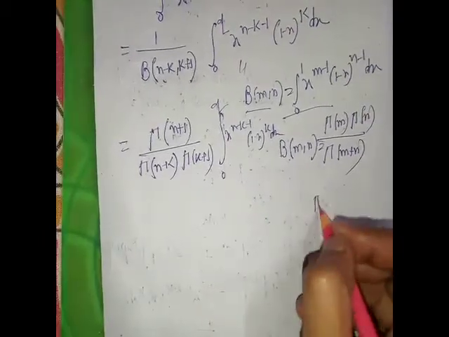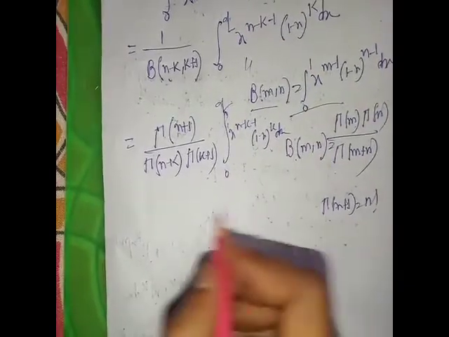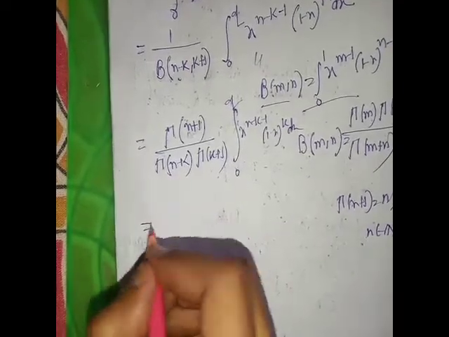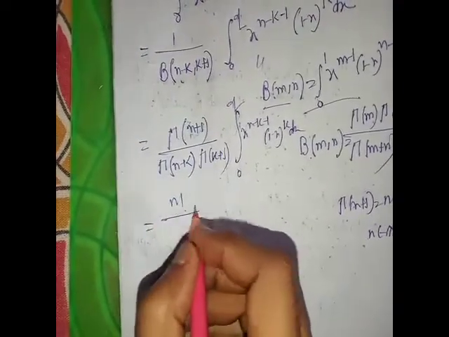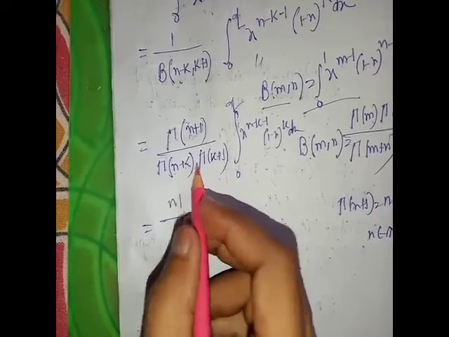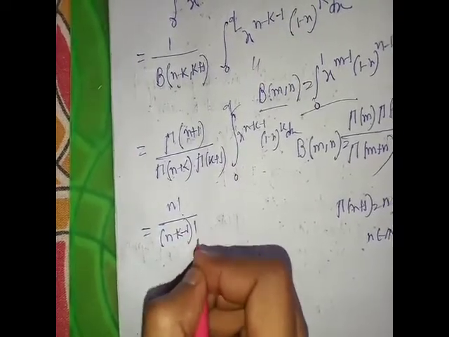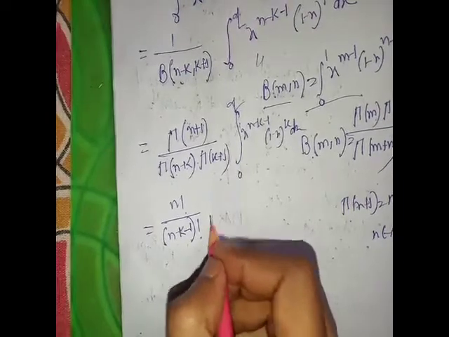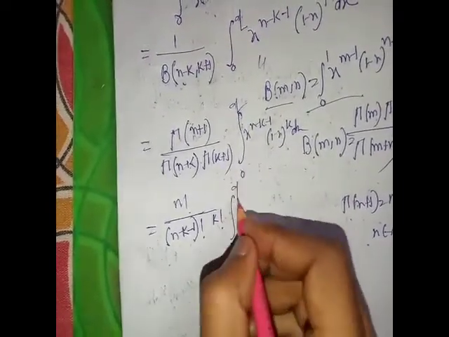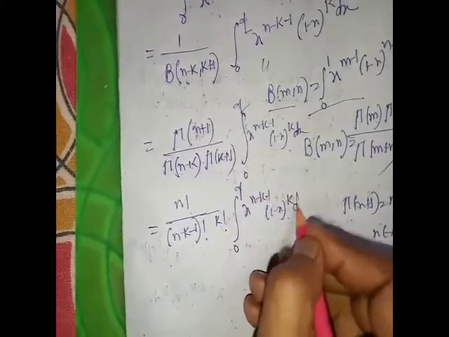Also gamma of n plus 1 equals n factorial if n is a natural number. So this is n factorial, this is n minus k minus 1 factorial, and this is k factorial, multiplying the integral from 0 to q of x to the power n minus k minus 1 times (1 minus x) to the power k dx.